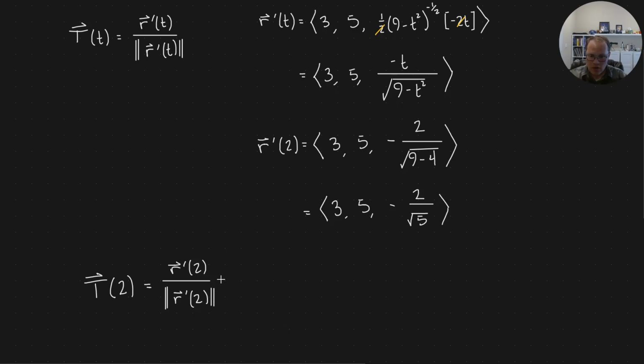We know the vector on top, we just calculated it: 3, 5, negative 2 over root 5. On bottom, we need to find the norm of r prime of 2. So the square root of first component squared plus second component squared plus third component squared.